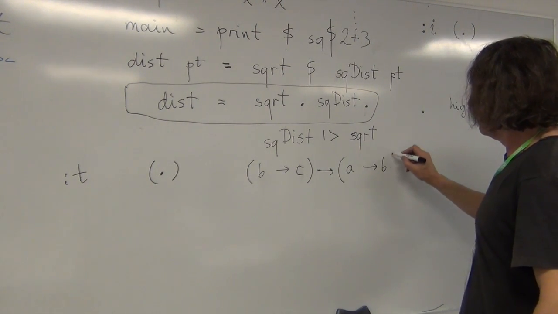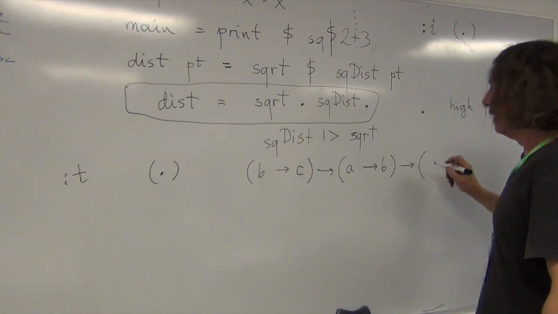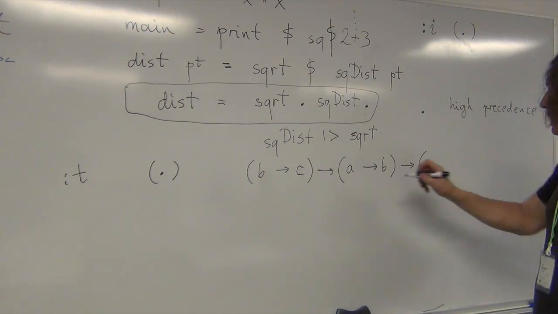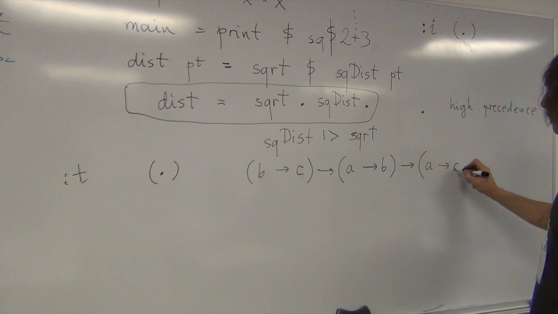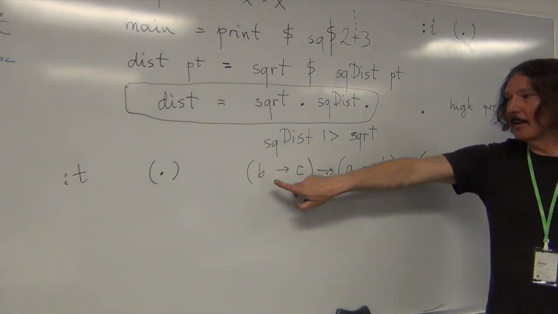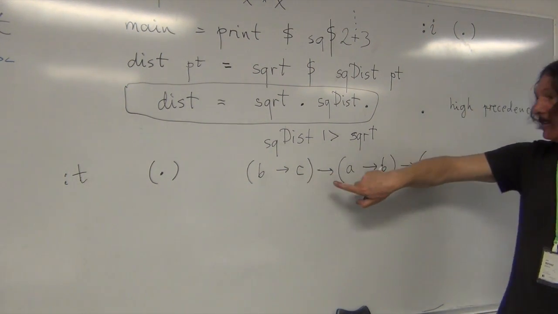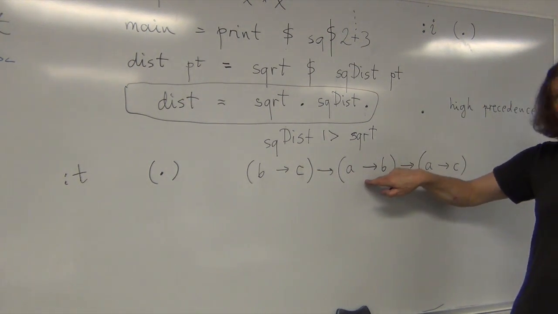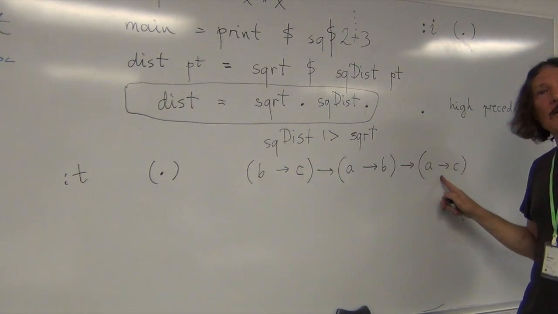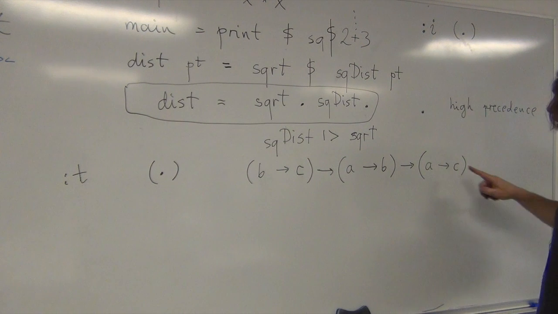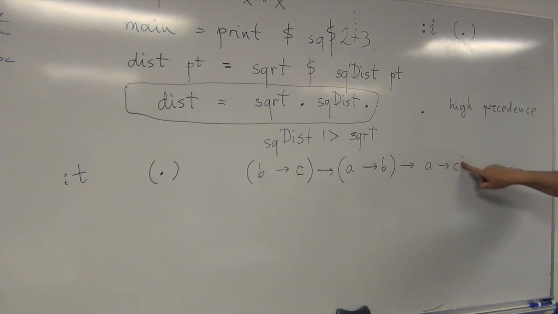A to B, and the result is a function from A to C. Now here I have to put parentheses. Here I don't actually. So what the compiler says is, it's just this.